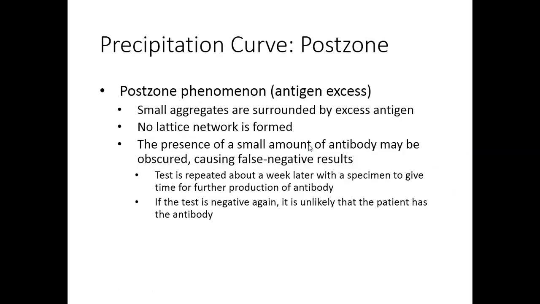Sometimes you can repeat the test a week later, giving the patient time to produce more antibodies. They may be at the very first stage, the post-lag phase of antibody production. Give them a week and have them come back. And if the test is still negative, it's unlikely that the patient has the antibody to whatever you're testing for.